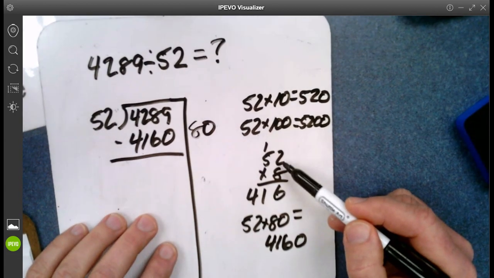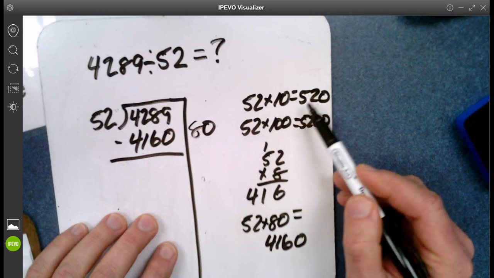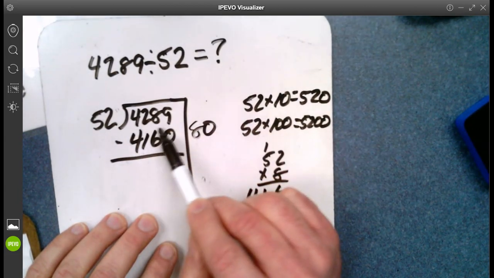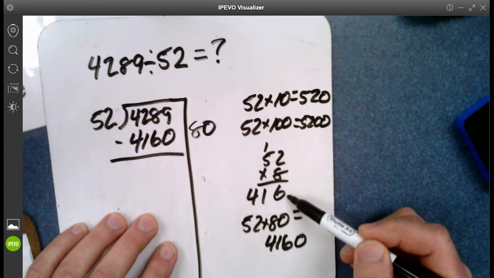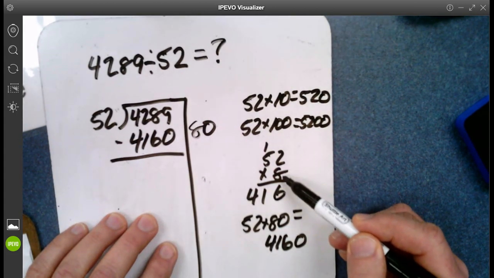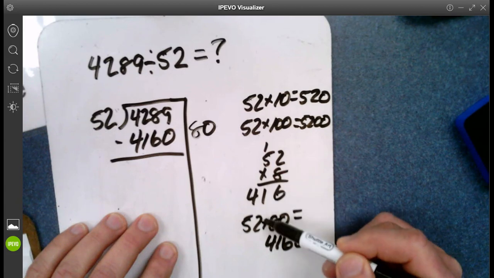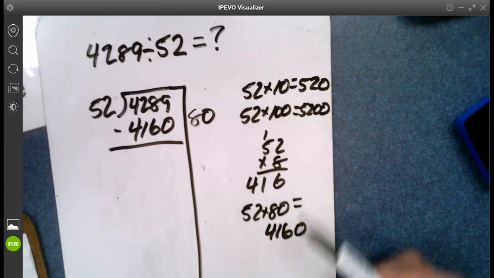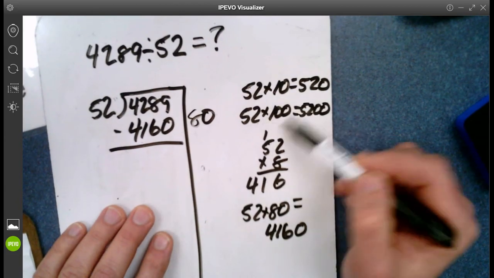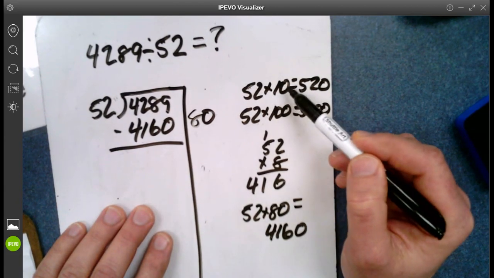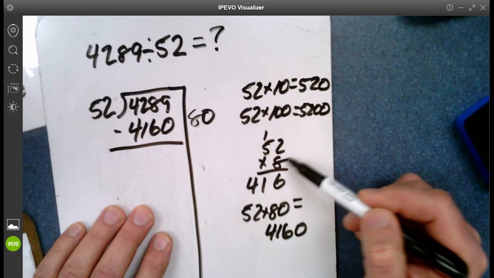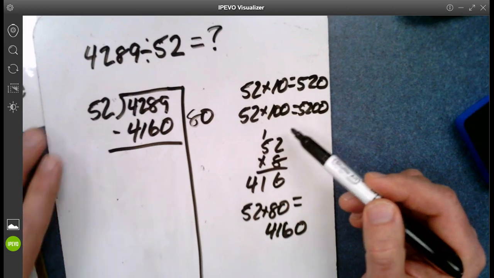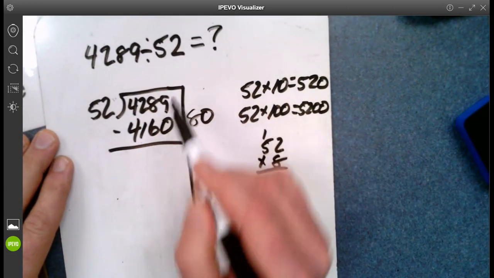And I just tried 52 times 8 to see if that gets me close to this 4,289. And it happened to be 416. So if I know 52 times 8, I know 52 times 80. And I literally just did a guess and check. I picked a number that was a little under 10 because knowing that I can place a zero there, it's going to be a little under 100.